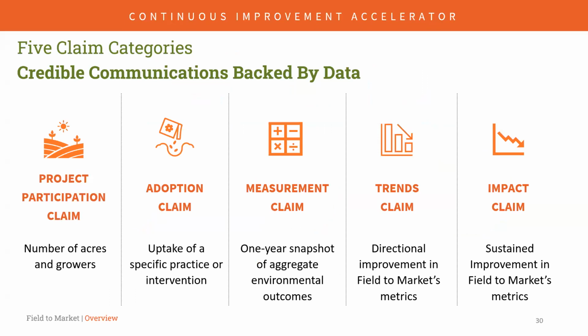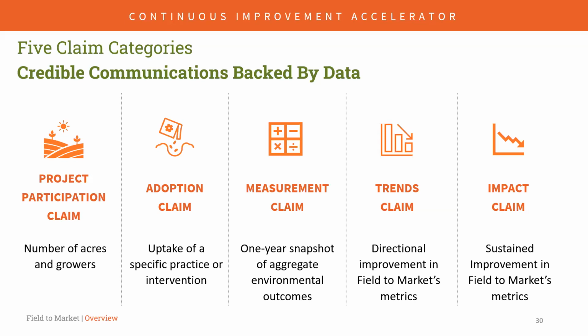You may care about this, others may not, but we do have what we call claims. And the 3 types of claims on the left side, so project participation, adoption, and measurement claims, are all 1-year based on the data collected in the framework for managing the information.